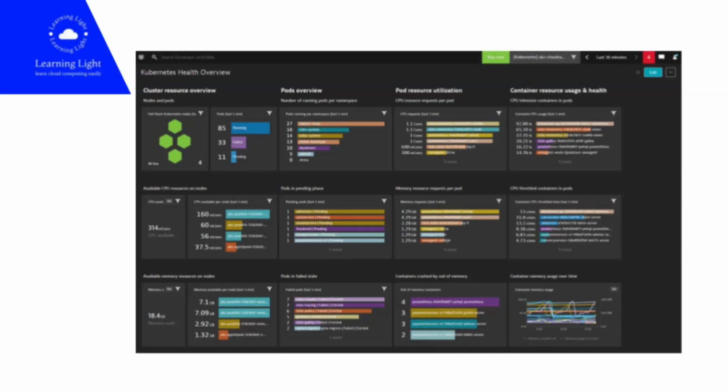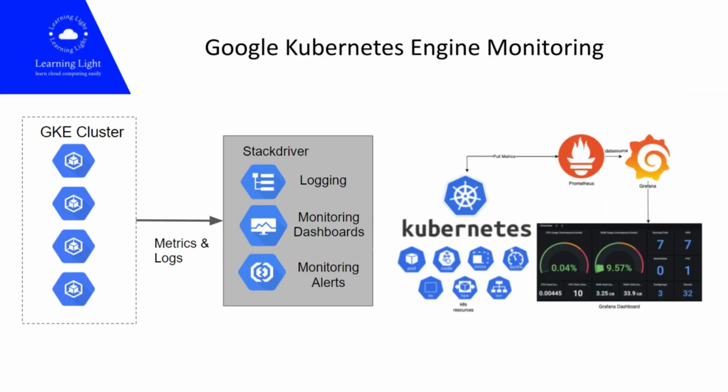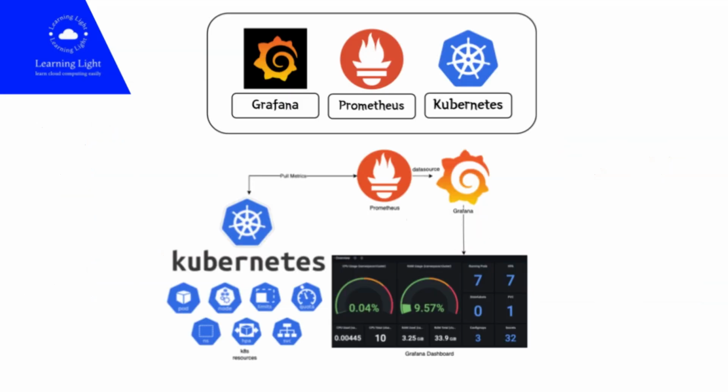So macro level or micro level, we can monitor GKE clusters or Kubernetes clusters or AKS clusters or EKS clusters. So we can monitor any kind of Kubernetes cluster using Prometheus and Grafana.